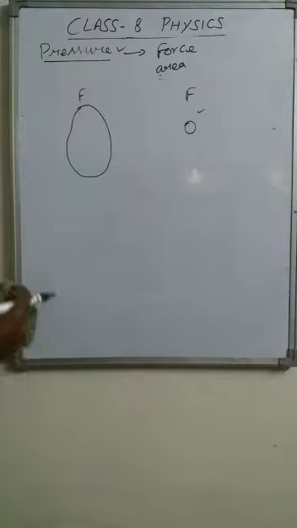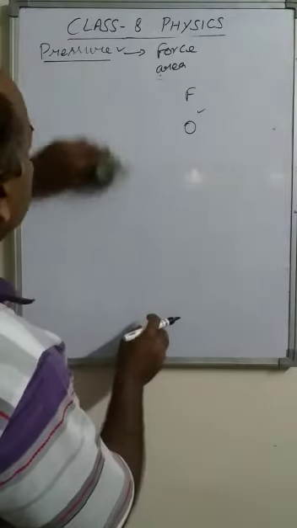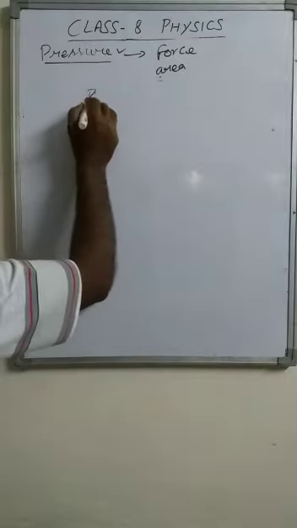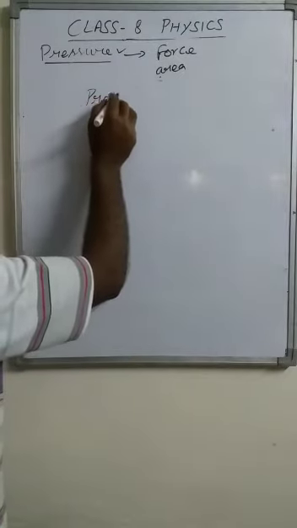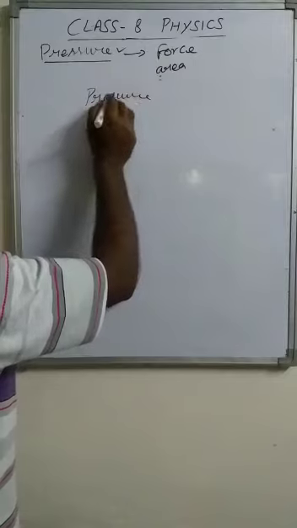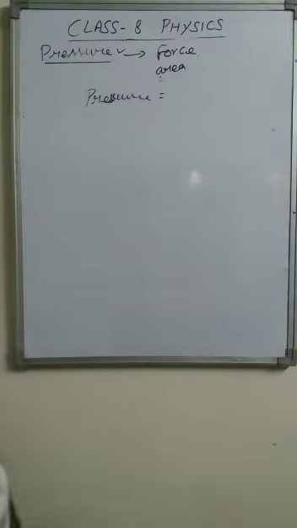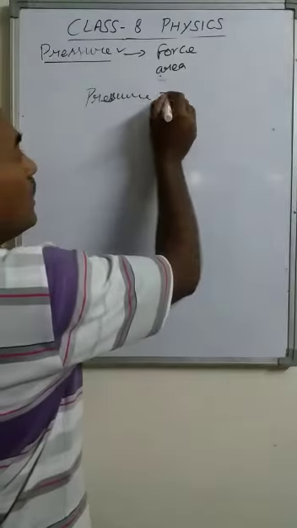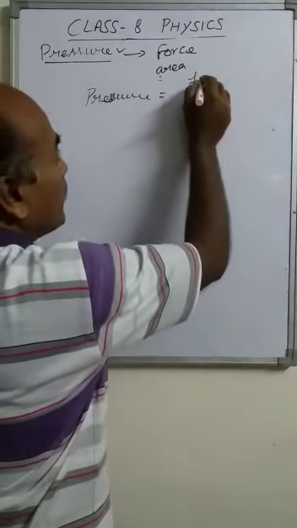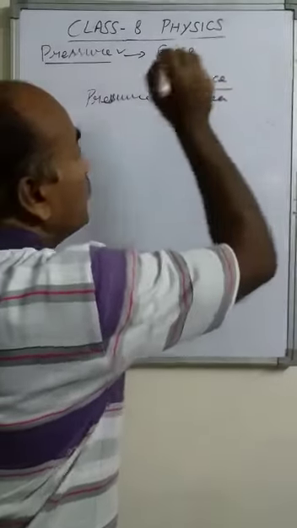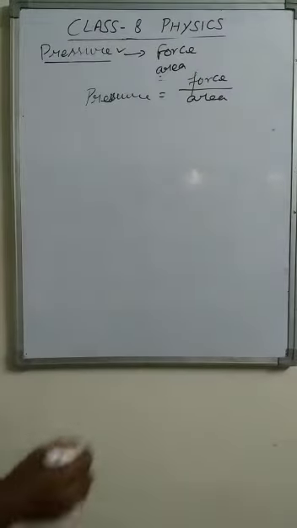So simply we can define the pressure. Pressure is defined as the force applied per unit area. Simply by formula it can be given as force upon area.